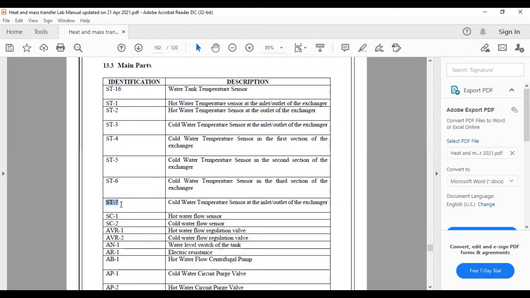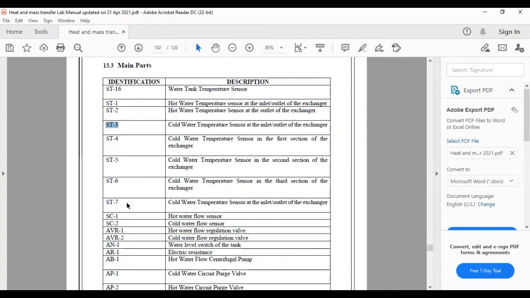Basically, we can change the direction of cold water. If at one time the water is entering from ST3 and exiting from ST7, we can change its direction as well, so ST7 will become the inlet and ST3 will become the outlet for cold water. We cannot change the direction of hot water.